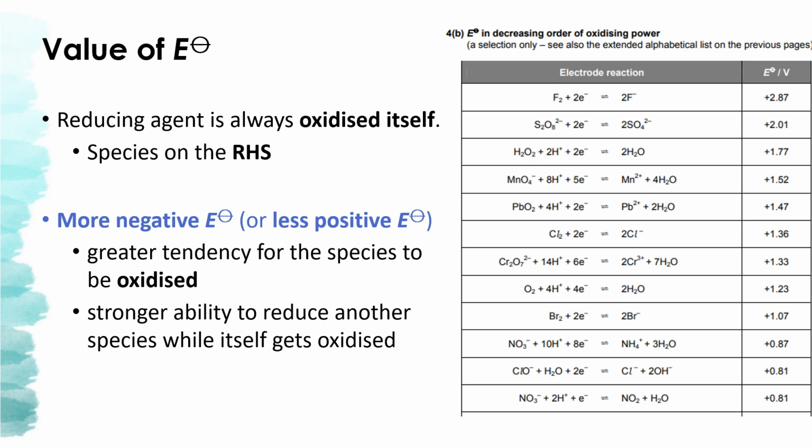It means that when you have a negative E value, the least likely reduction is to occur, which means oxidation of that species is more likely to occur. So the conclusion is, if you are looking for a strong reducing agent, you should look for a more negative E value. Okay.